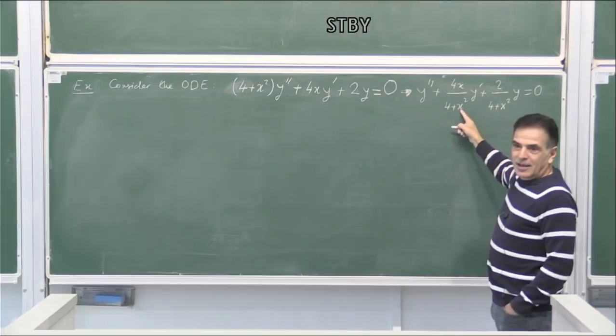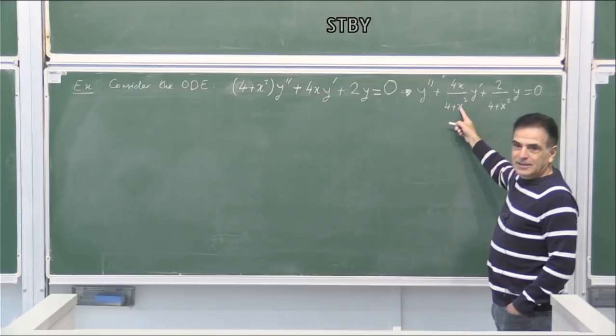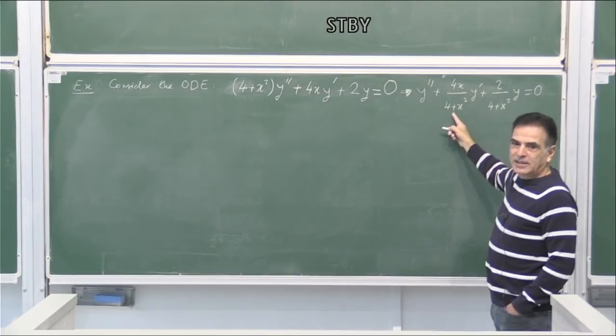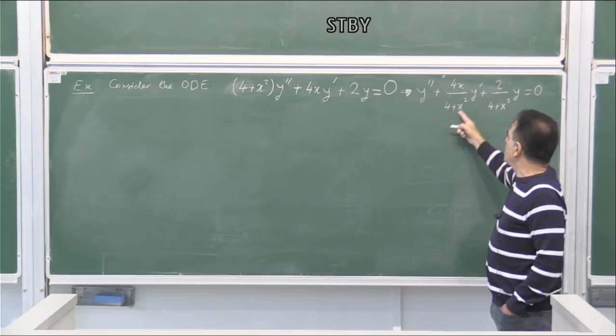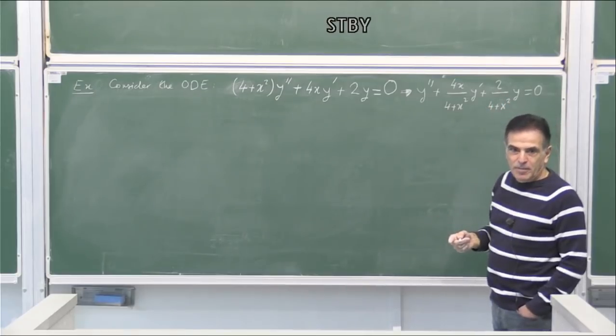But if we consider the complex values of x at plus or minus 2i, the denominator of the coefficients becomes 0.